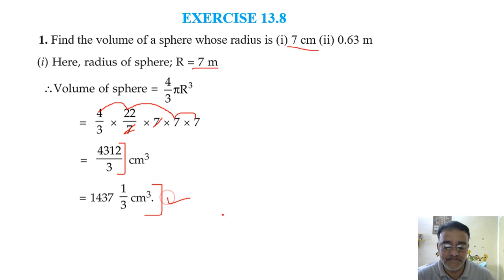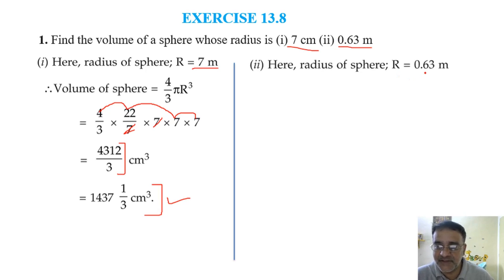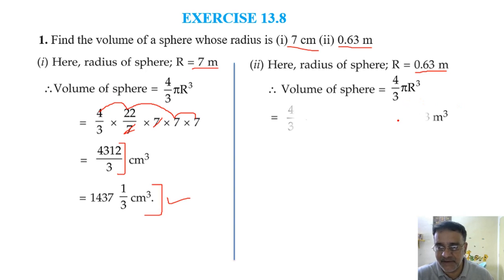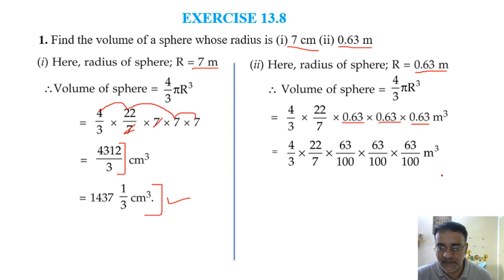Any doubt? No, sir. Okay, second bit, the radius is given 0.63 meter. So 0.63 we can write 63 upon 100, or otherwise convert after substituting. You can convert after substituting here or convert beforehand. That is up to you. This step is clear? Yes, sir. Okay, fine. 3 into 7 is 21 and 21 3s are 63.